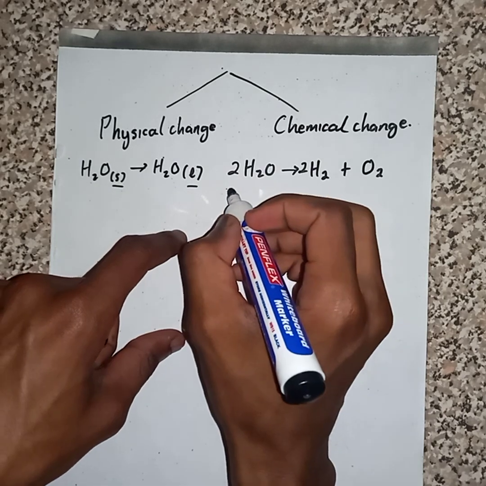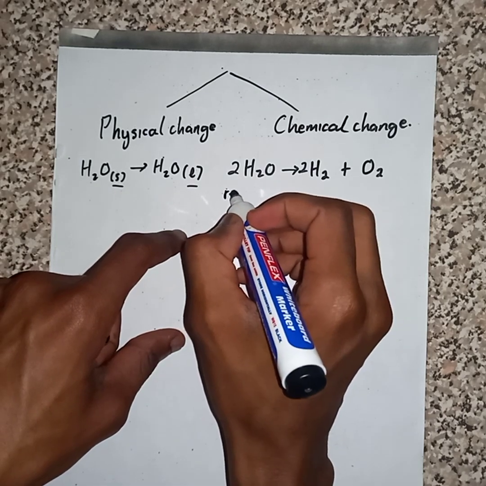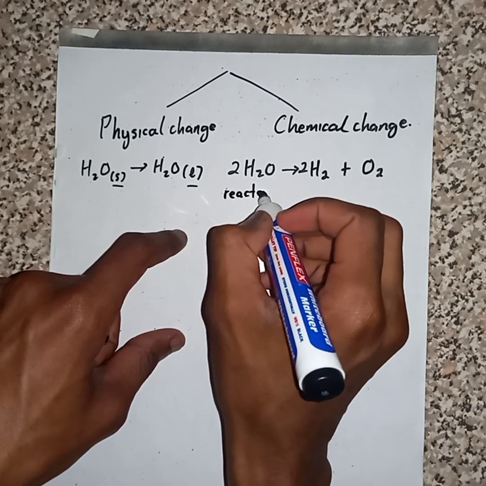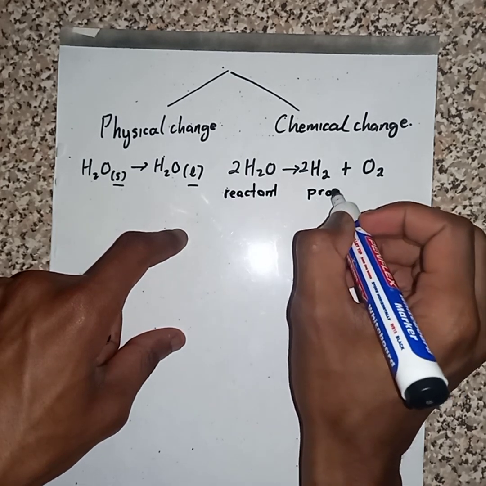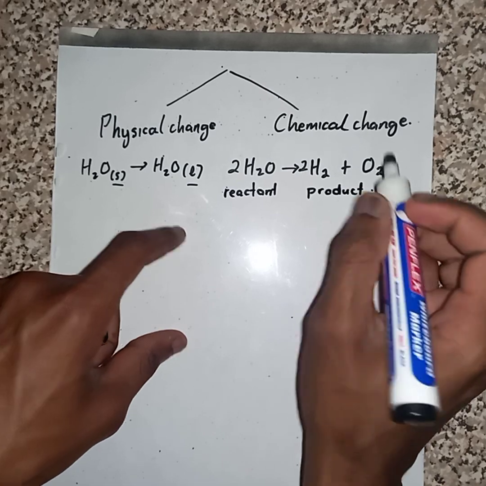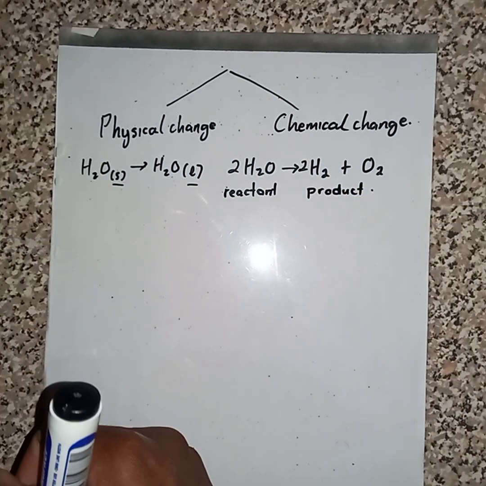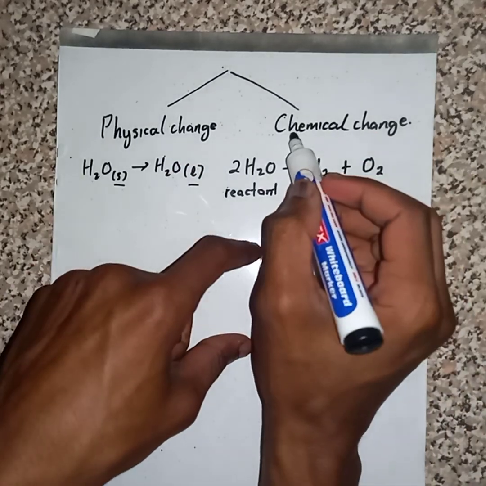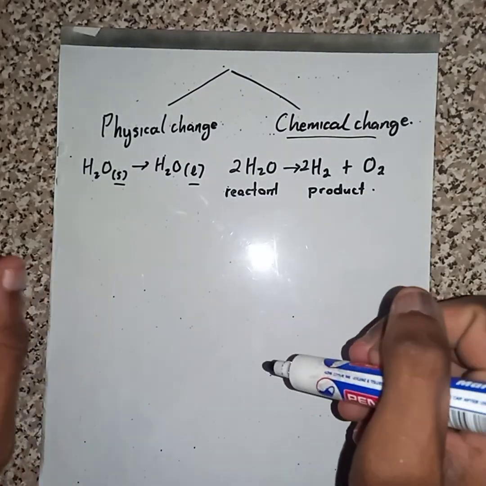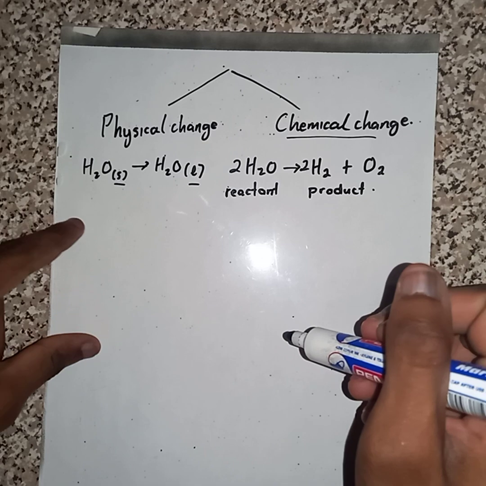We have reactant and product now. This one is still the same. I'm going to explain the concept of chemical change now using these 3 concepts.